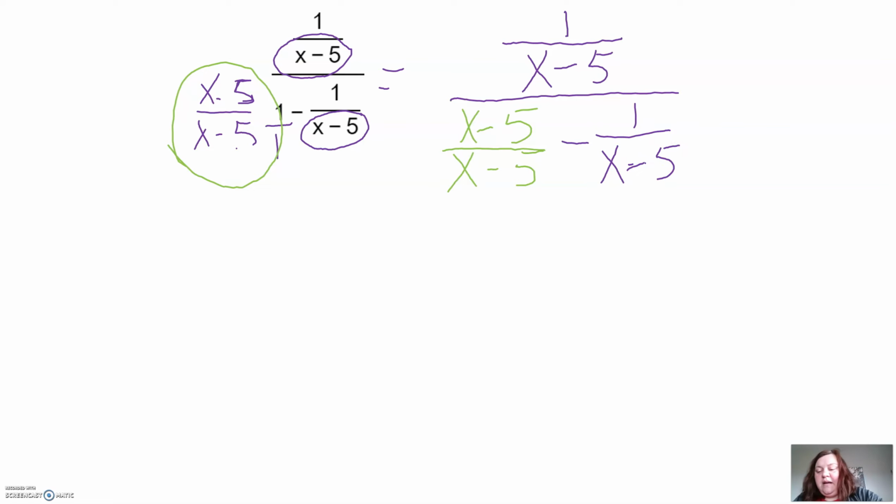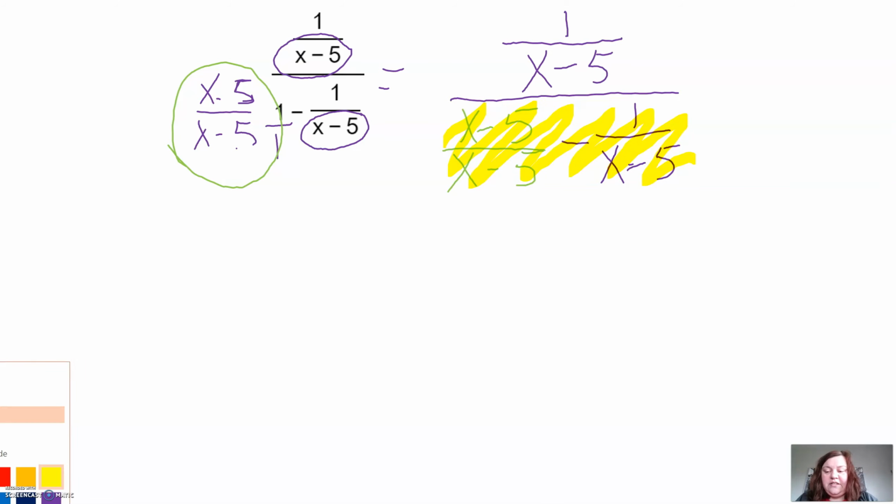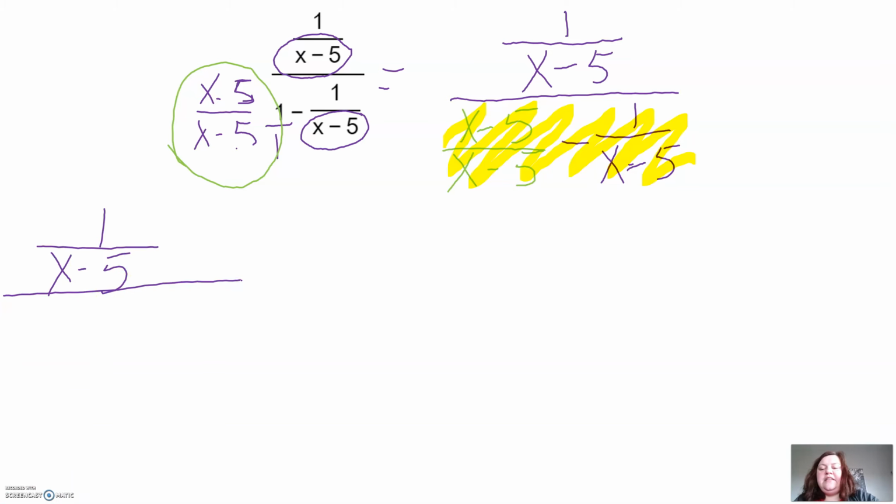Now if we're just looking at the denominator, this portion here, I can write that as a single fraction. So if I do that, my numerator is still 1 over x minus 5. That hasn't changed. In the denominator, I'd have x minus 5 minus the 1 all over x minus 5.